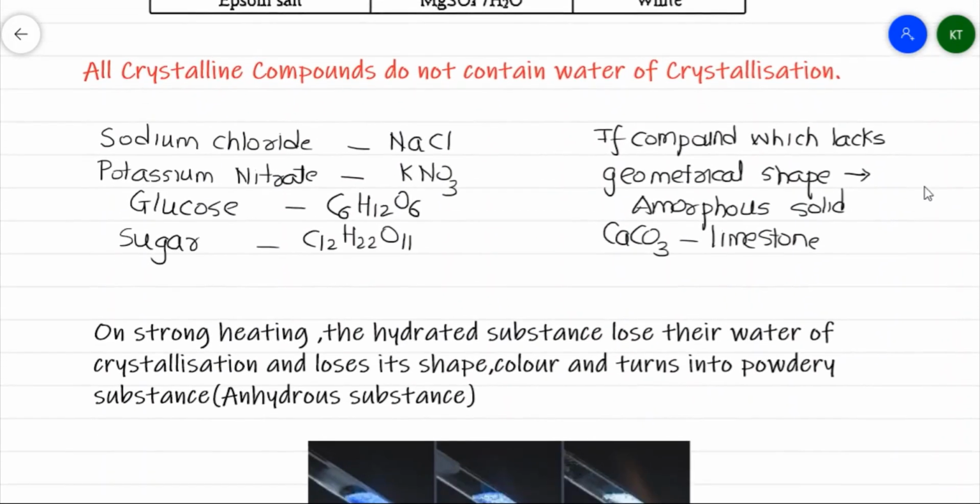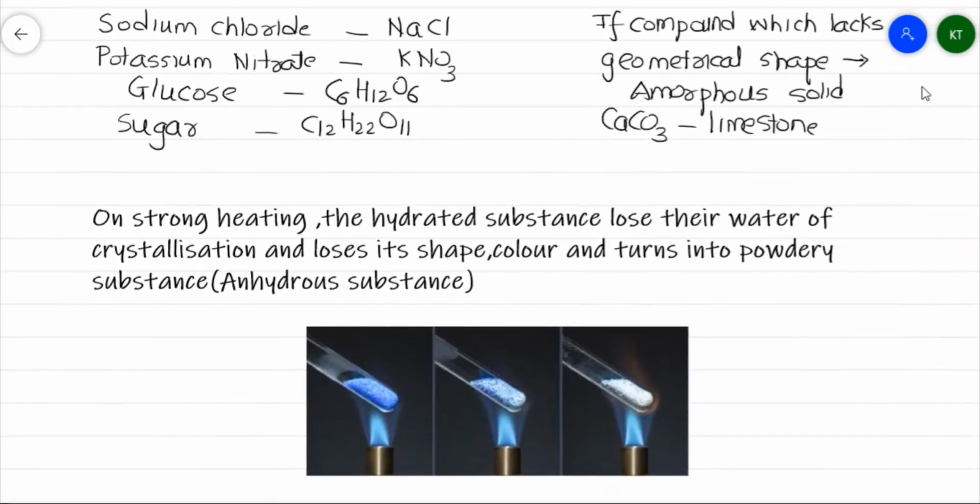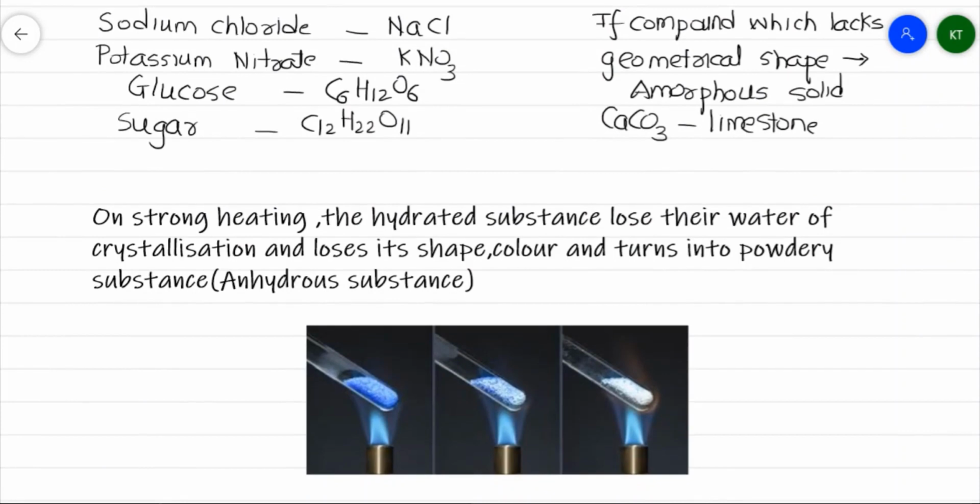Now, a general observation is seen whenever you heat any hydrated salt or any hydrated substance: it tends to lose its water of crystallization and turns into an amorphous or powdered solid.